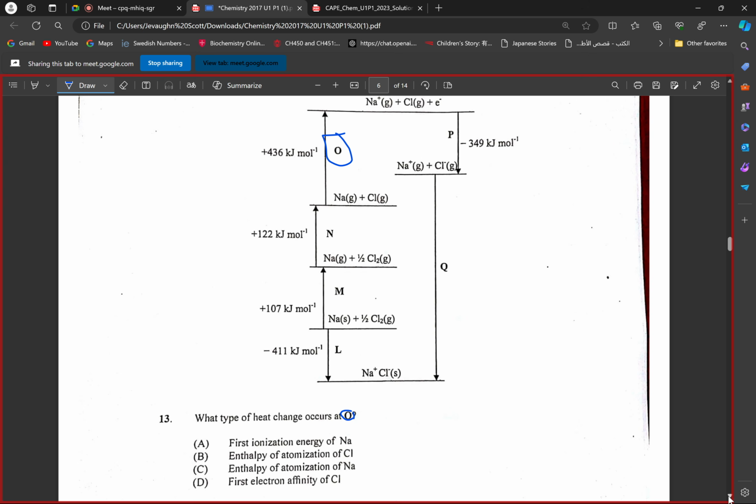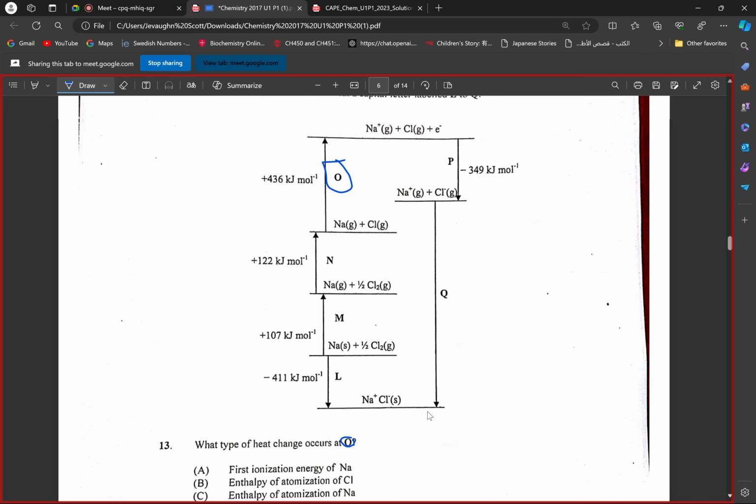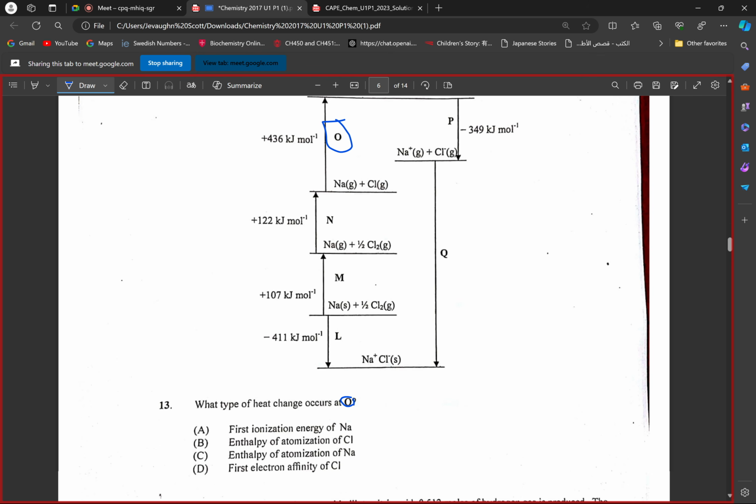Will it be the first ionization energy of sodium? Because sodium becomes an ion, so it's the first ionization energy of sodium, yes? Alright, so the first ionization energy of sodium. So hopefully everything makes sense so far.